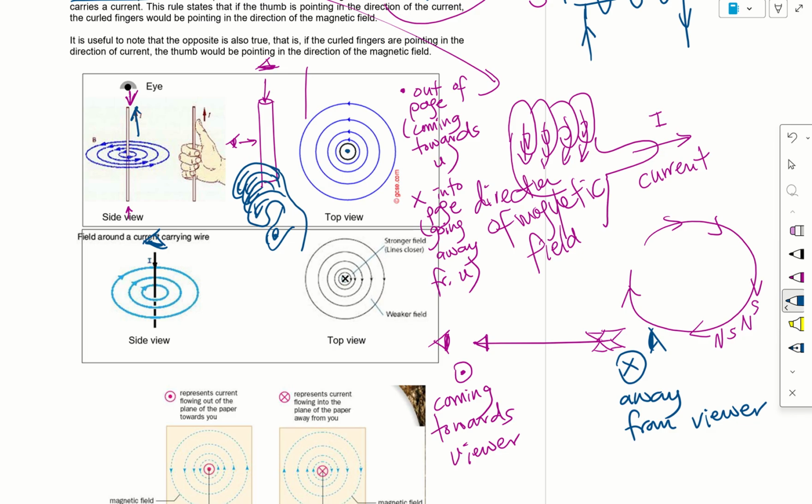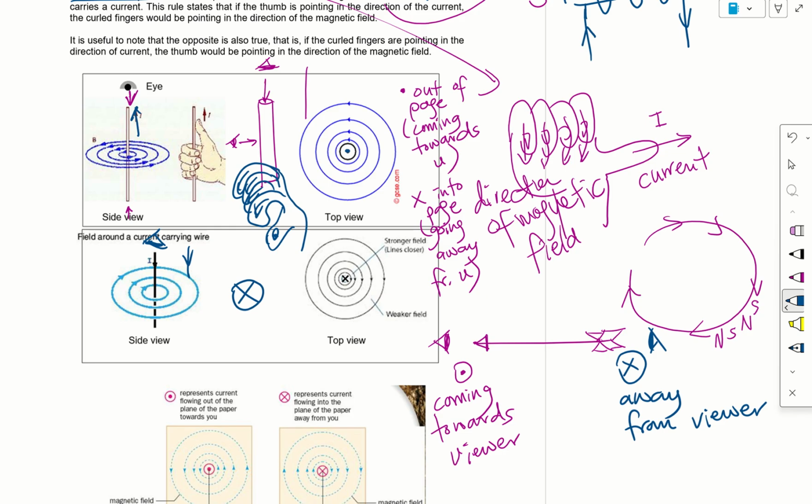Okay, how about now we reverse the direction of the current while still looking at the top part. Now the current is actually going from top to bottom, but because we are looking from the top, all we see is a circle. And because the current is going away from me, because it's going downwards, we would use a cross. Okay, and again, how do we represent the direction of the current? We use our right hand grip rule, where the thumb represents the direction of the current.